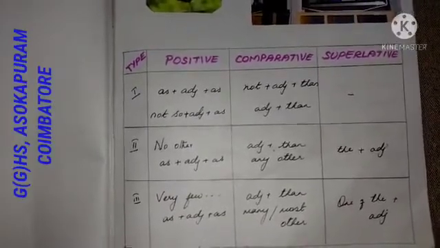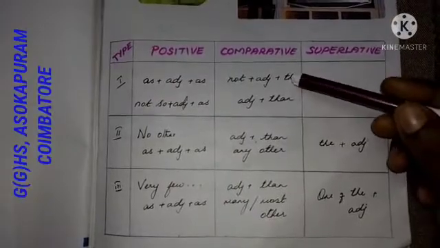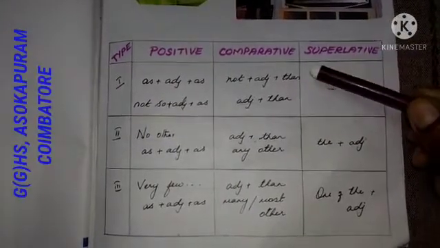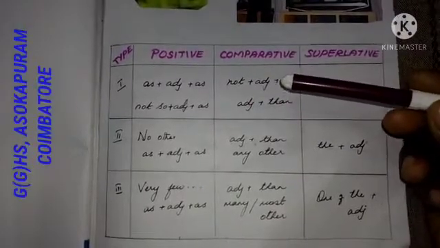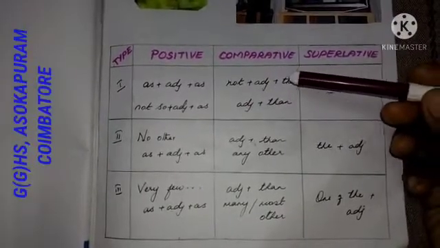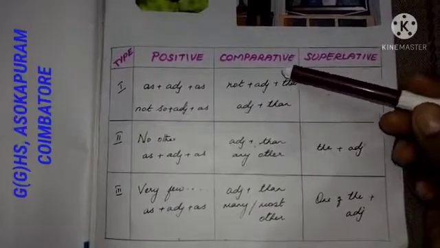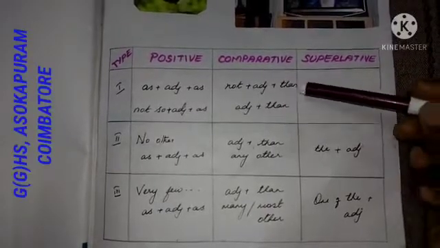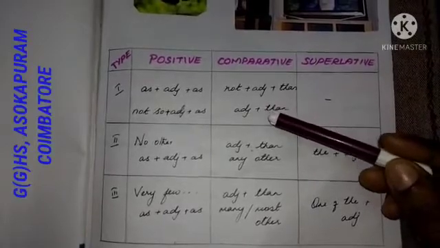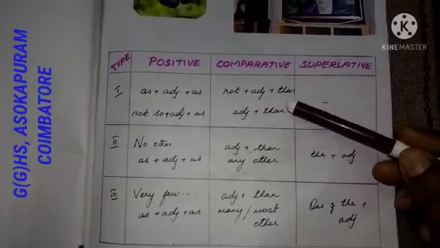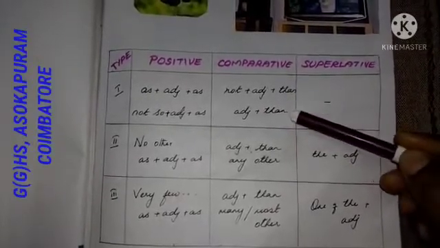Under type 1, you have two formulas. First formula is as plus adjective plus as in positive degree. In comparative, when you change that sentence, you have to use the formula not plus adjective plus than. Second formula, not so plus adjective plus as in positive means you have to use adjective plus than in comparative degree.